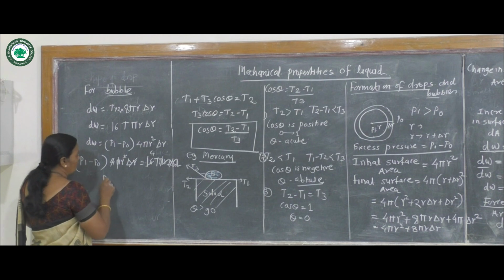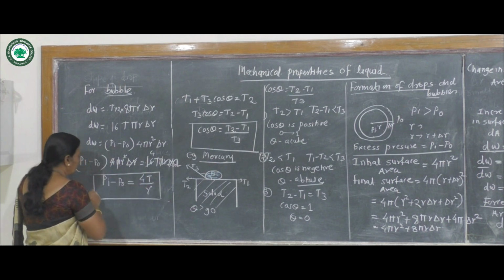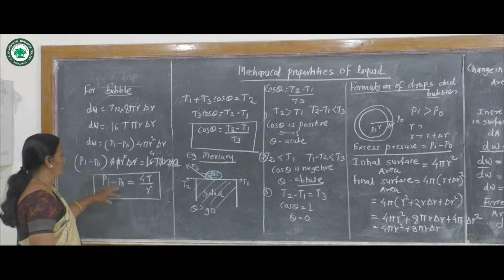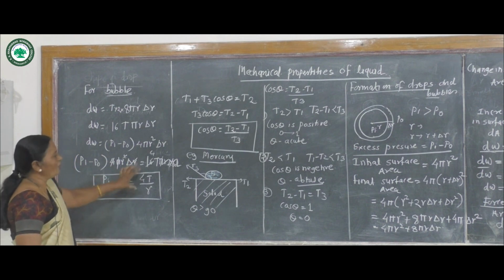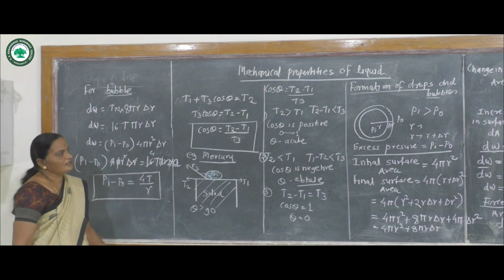We get the equation Pi minus P0 is equal to 4T divided by R. This is the Laplace law for a spherical membrane. Now we see the next topic.